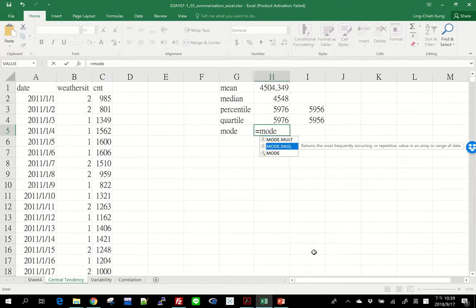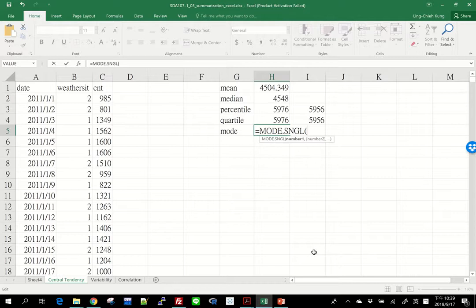So if we use this single version, we're going to get one mode, one of them. So the value returned must be a mode, but we cannot find all of them. So if we want to find all of them, we use mode.mult. In my personal perspective, this is not a very important thing. So I'm just going to illustrate how to use this second version here.